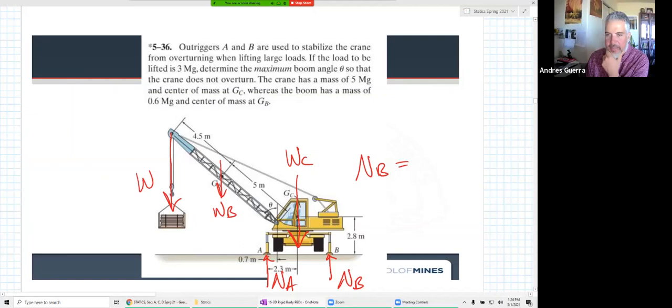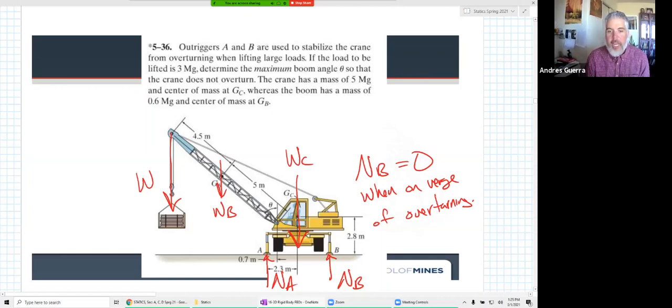Anyone? Thinking back to that excavator, what happened when they did overturn? Where did all those normal forces go? Zero. Yeah, the normal force at B would be equal to 0 when we're on the verge of overturning.